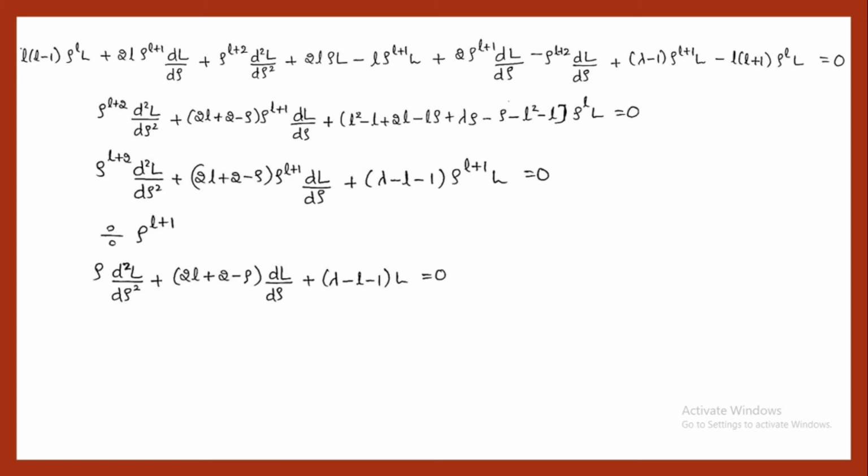That is, rho raised to L plus 2 divided by rho raised to L plus 1 will be rho raised to L plus 2 minus L minus 1. So we get rho, and otherwise everything is going to get cancelled out. So we are getting a second order differential equation in a very simplified form.